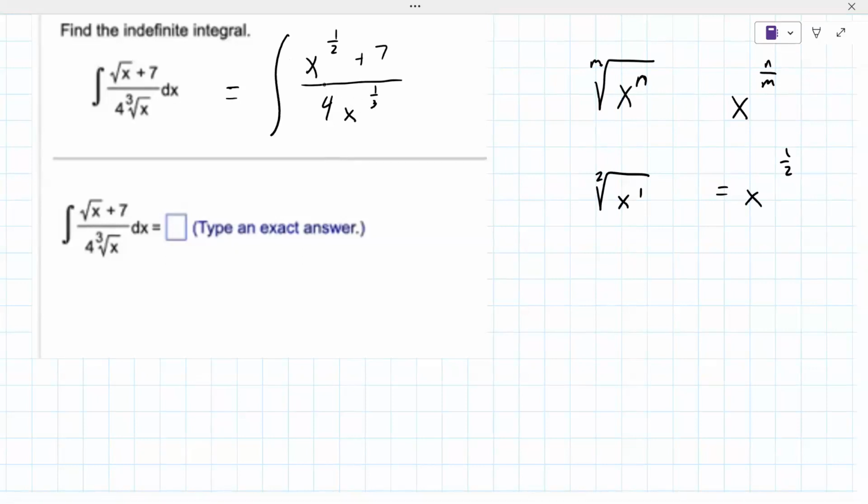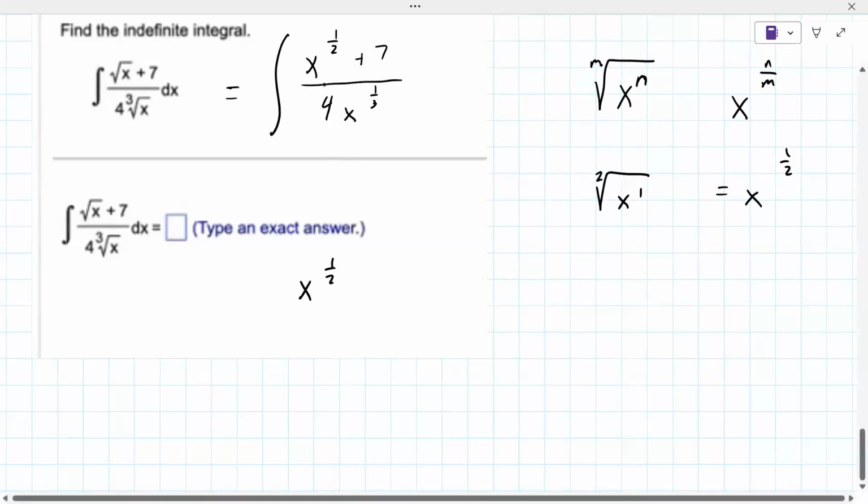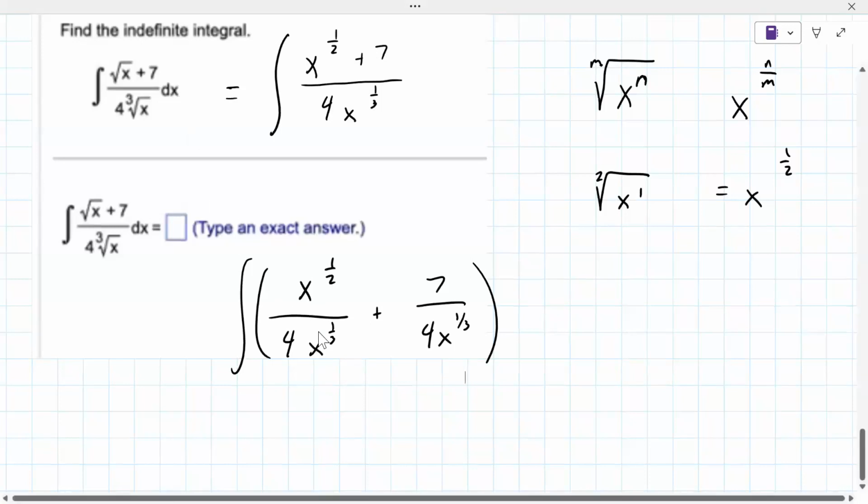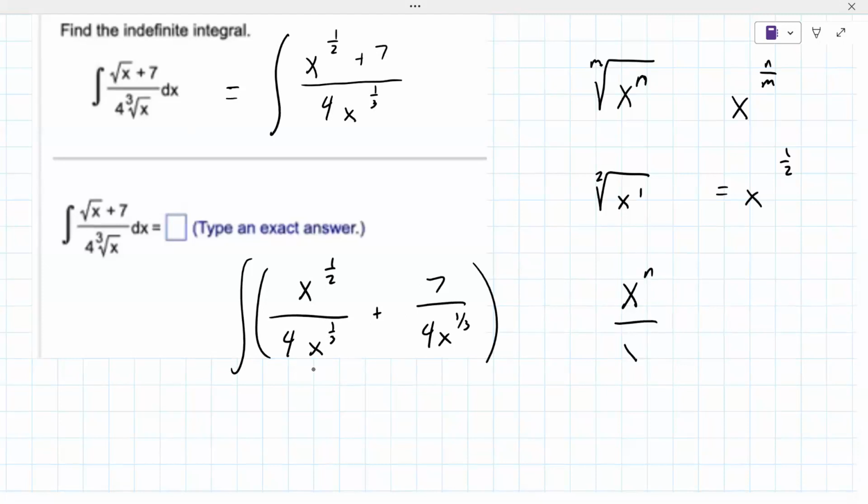Then you can divide each of these by it. So it's x to the 1/2 over 4x to the 1/3 plus 7 over 4x to the 1/3. No calculus yet. When the bases are the same, like we have over here on the left, you subtract the exponents.